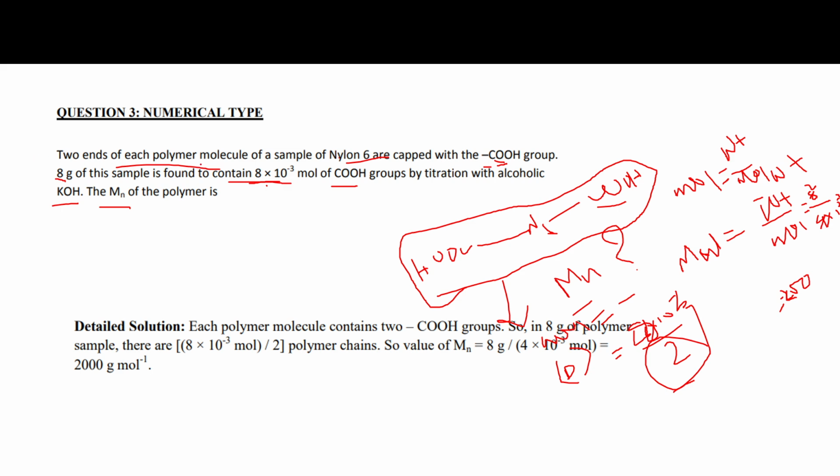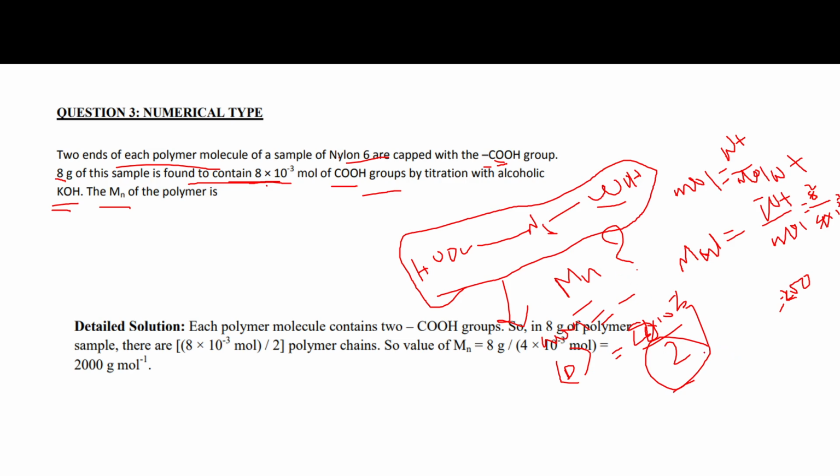The problem will be like this: the two ends of a nylon 6 polymer sample are capped with COOH. An 8 gram sample was found to have 8 into 10 to the power minus 3 COOH groups by titration with alcoholic KOH. Since two ends are given, the overall concentration of COOH is divided by 2.